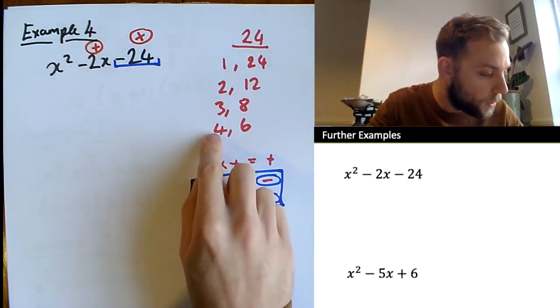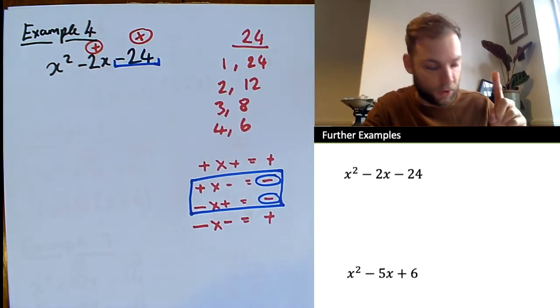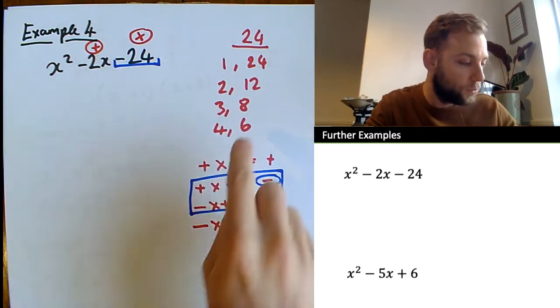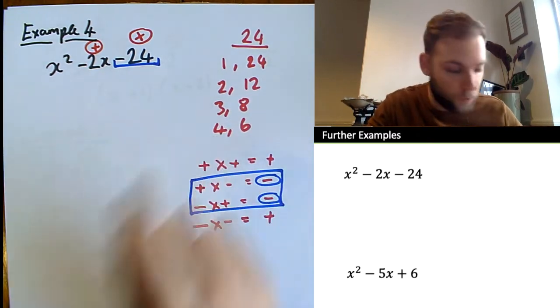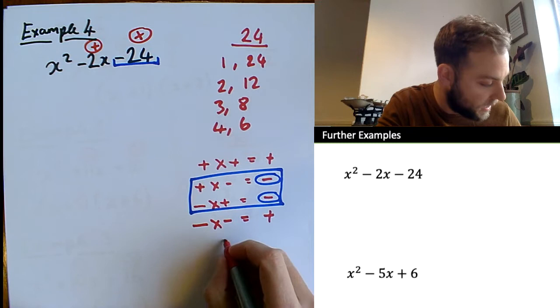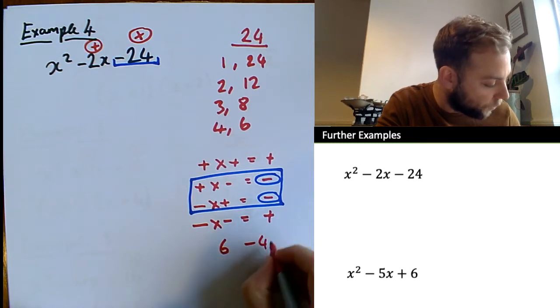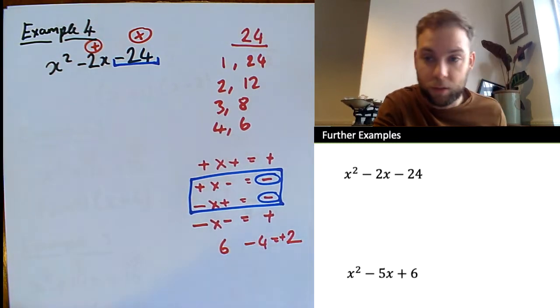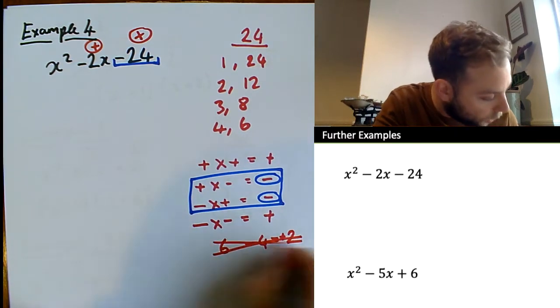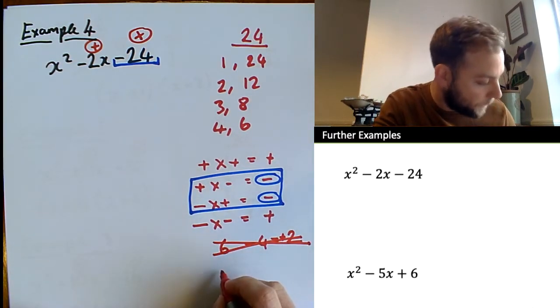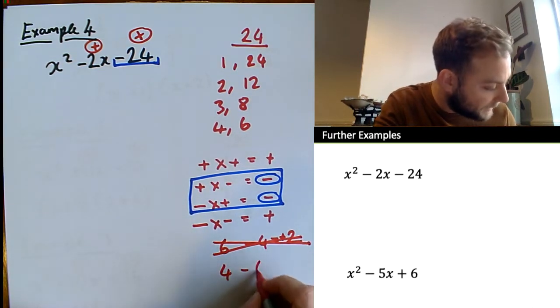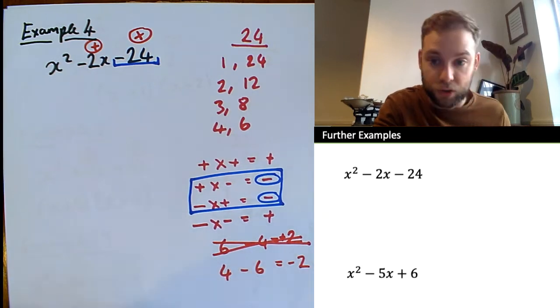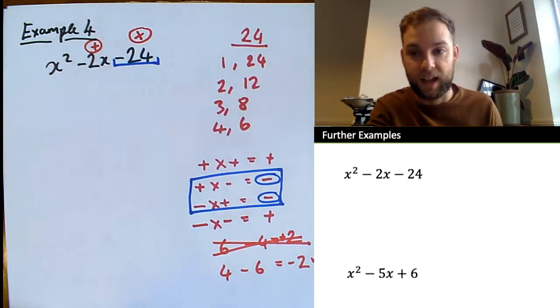Now, 4 minus 6 is minus 2. Be careful not to get these jumbled up. 6 take away 4. Let's just put that here just so you can see. 6 and minus 4 is equal to positive 2, which does not work. But 4 minus 6 is equal to minus 2, which is what we want here.